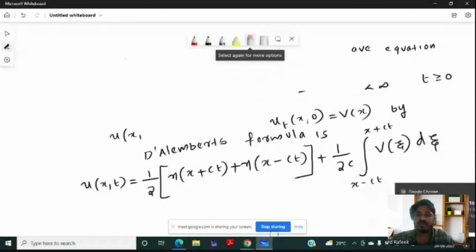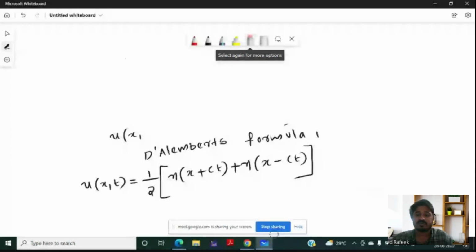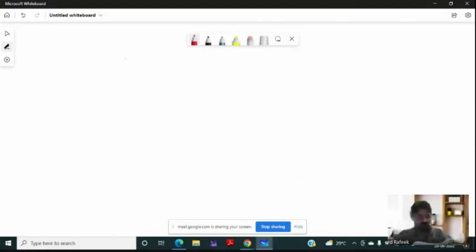Of course, the given problem is a wave equation. Here they are given u_tt equal to u_xx. That means c equal to 1. The constant is 1 here.